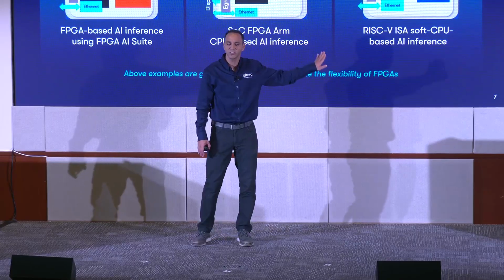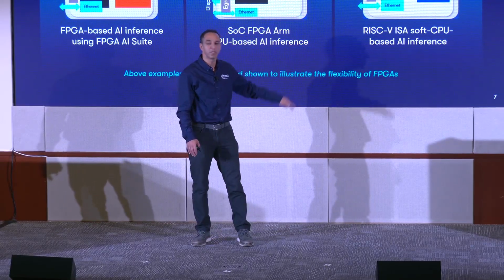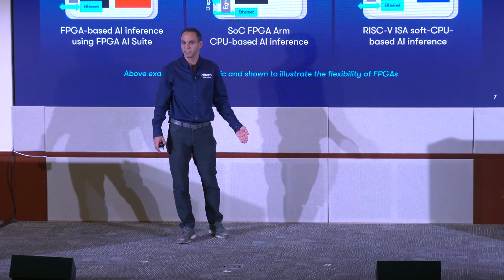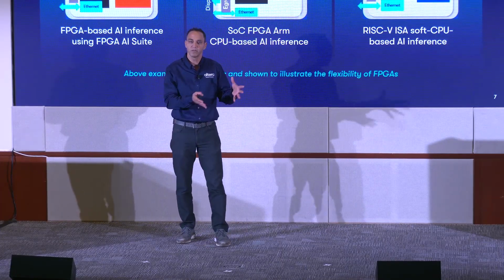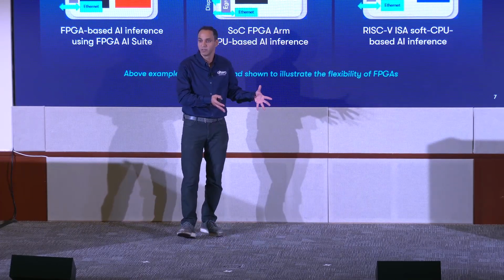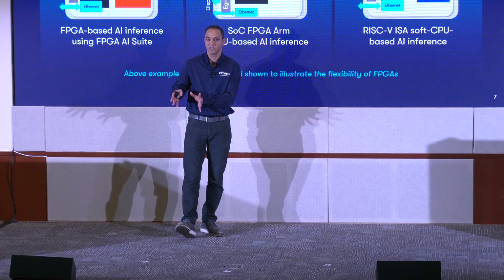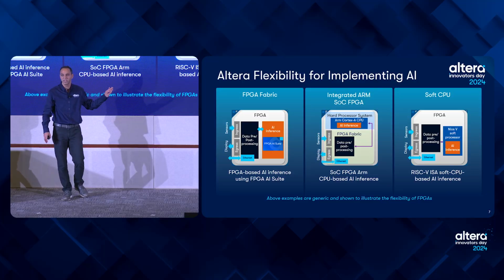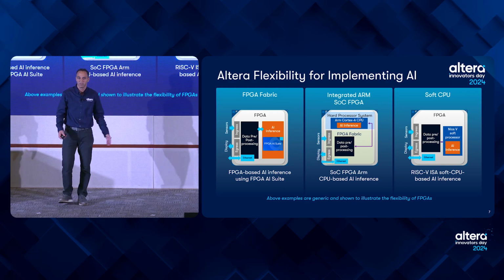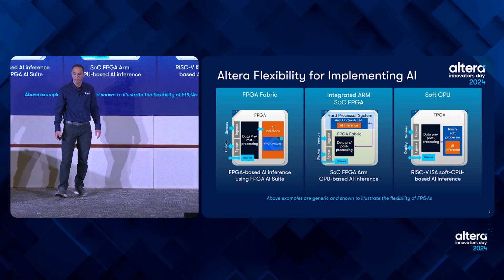Okay. And that's actually a good option to keep in mind because maybe you're using one of our devices that isn't an SoC device. Or maybe you've already got all kinds of things running on your ARM processor, and you just want to keep this task separate. You could put it on a Nios processor in the FPGA fabric and keep it separate. So that's something to keep in mind.